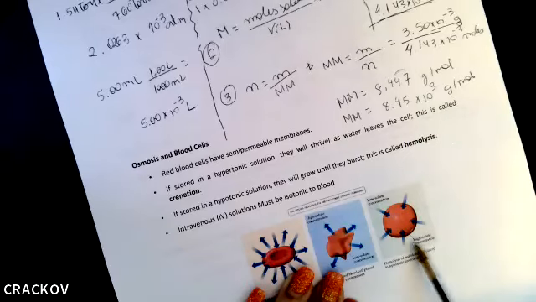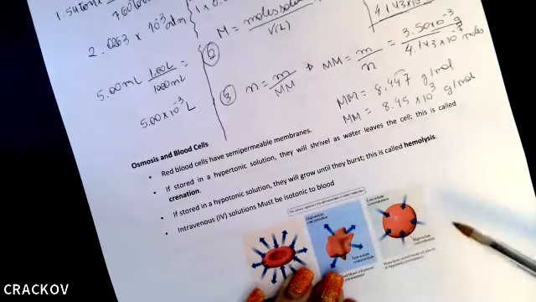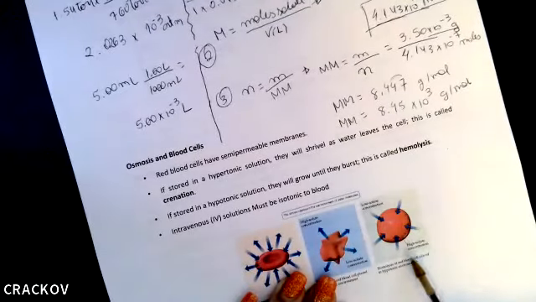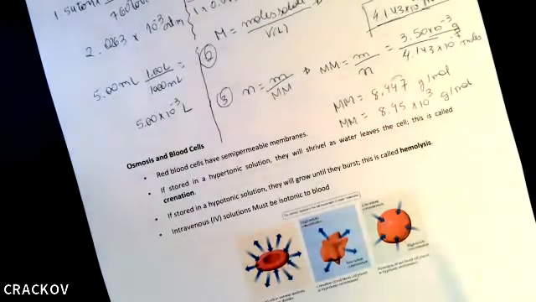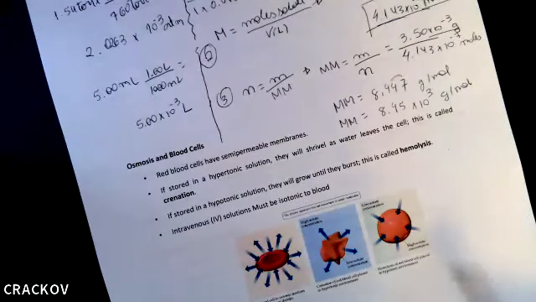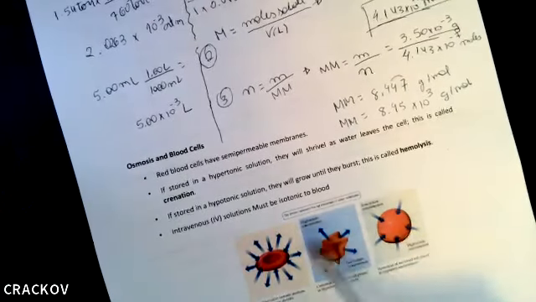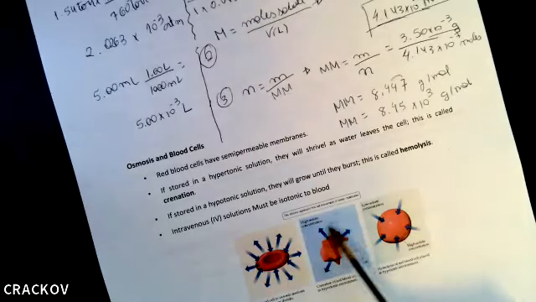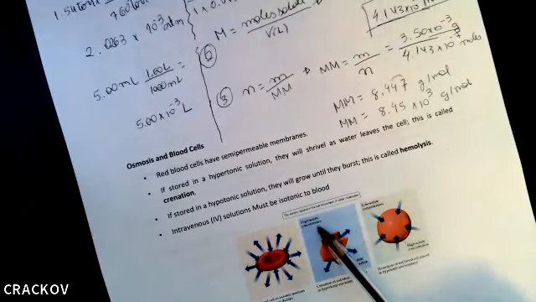So water will be going inside the cell until it bursts. That is hemolysis, the hemolysis of a red blood cell placed in hypotonic solution. A hypotonic solution is when the environment has a lower concentration. A hypertonic solution is when the environment has a higher concentration.